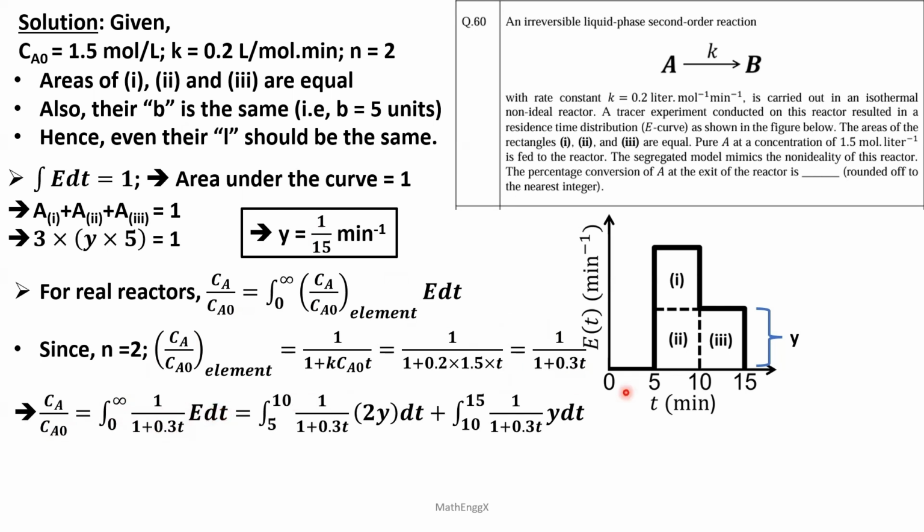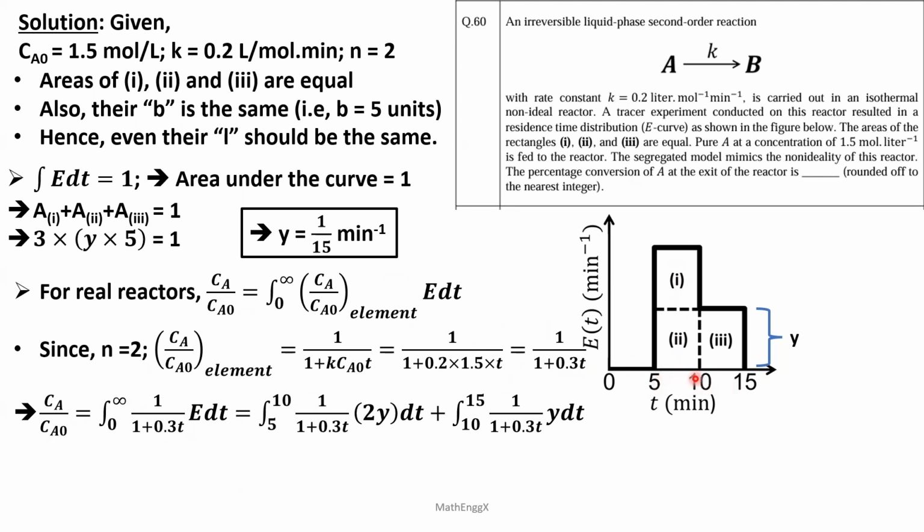Now, if we observe the residence time distribution, the value of E is non-zero only between t equal to 5 and t equal to 15. Hence, we will have to break this integral into the range of 5 to 15 minutes. However, in this range, the value of E varies between 5 to 10 and between 10 to 15.